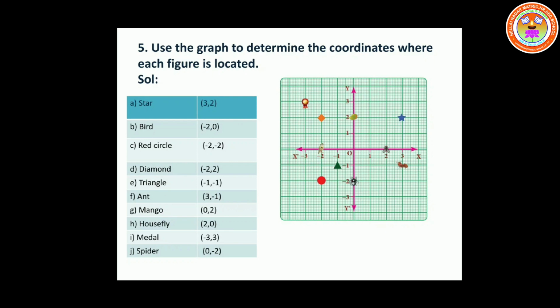This is similar to the third sum, the coordinates. You are just going to write the points where the star or a bee or an ant lies. I tried this as homework, but the notes are already given. You can just go through the notes, but do it as homework.